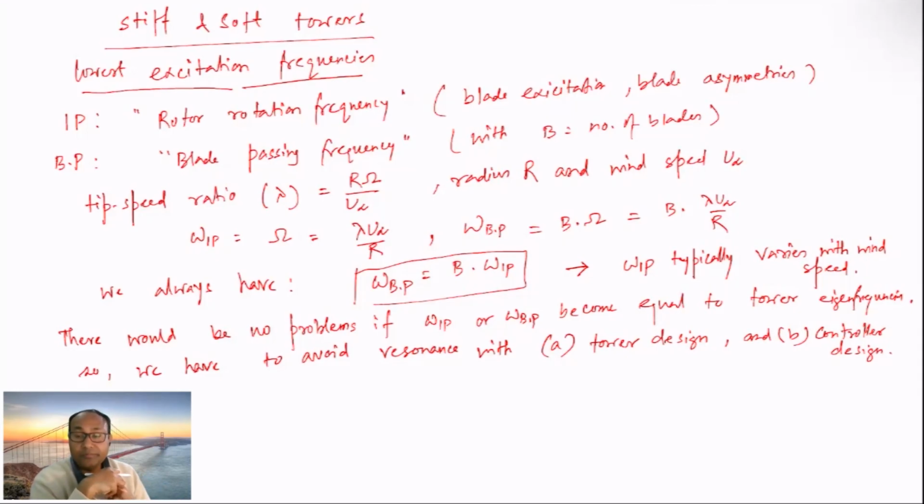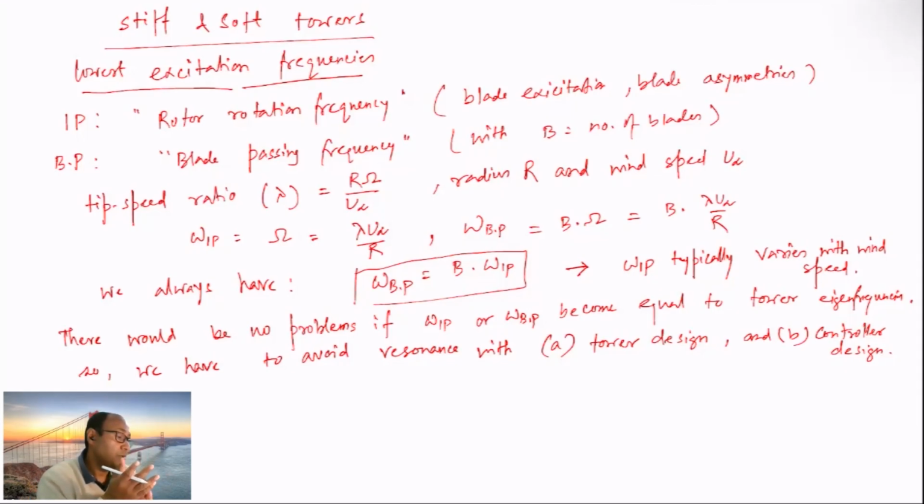But importantly, one has to avoid the resonance. So while designing the tower and the controller, one has to be careful that this blade passing frequency and rotation frequency should not come in resonance. Otherwise, they can be equal.